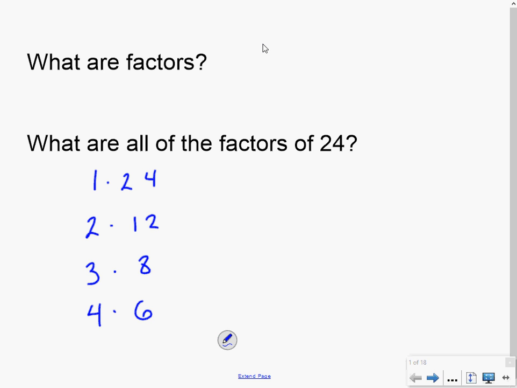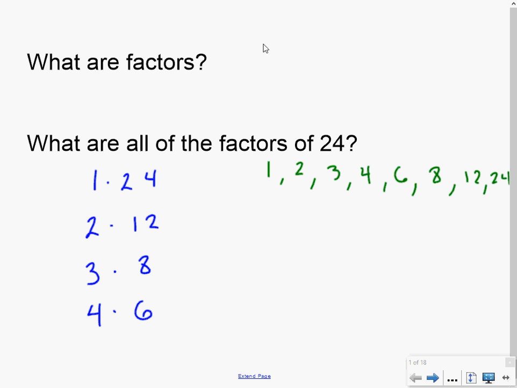Keep in mind that the order I multiply in doesn't matter. Like 4 times 6 is the same as 6 times 4, so we don't need to include that twice. But what this does is we can compile these numbers into a list, and we say that all of these numbers are factors of 24.